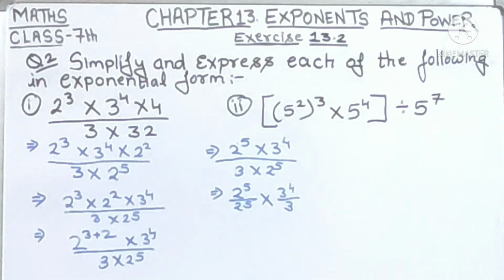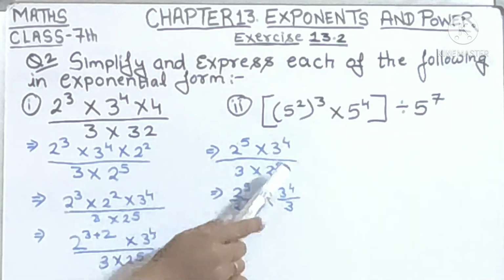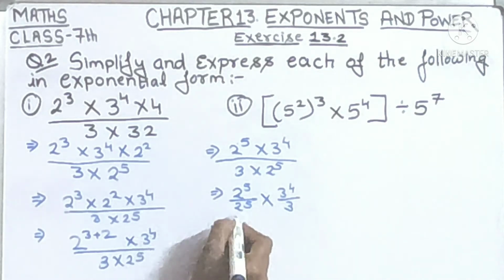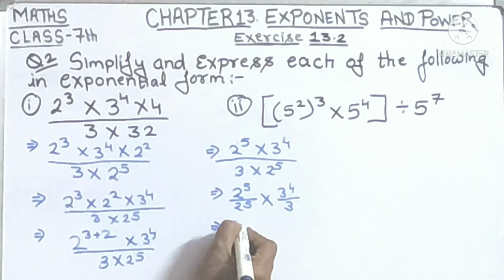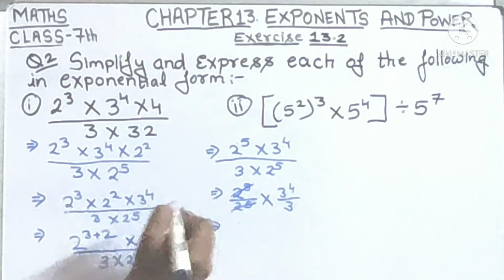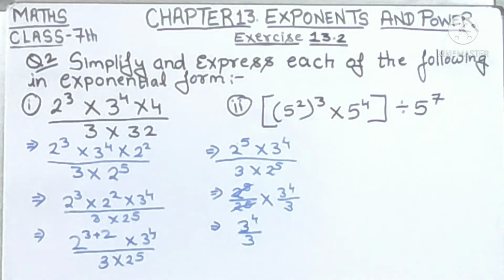We have written the similar numbers on one side. Division means we can cancel. 2 raised to the power 5 and 2 raised to the power 5 cancel. What's remaining? 3 raised to the power 4 upon 3.